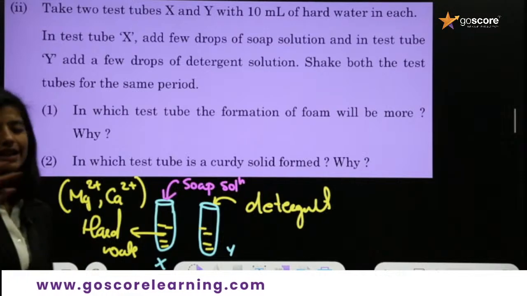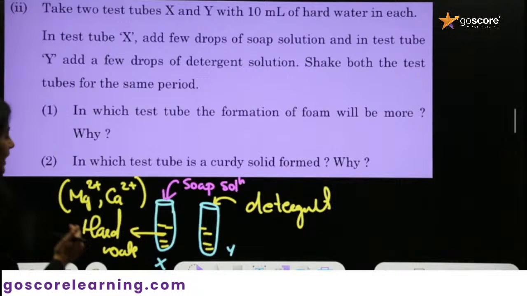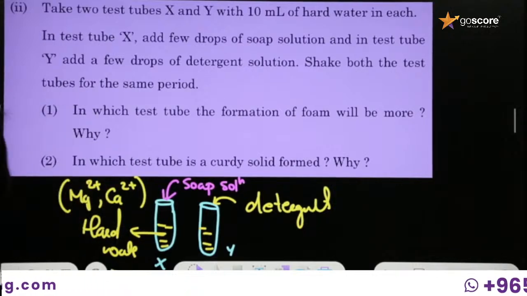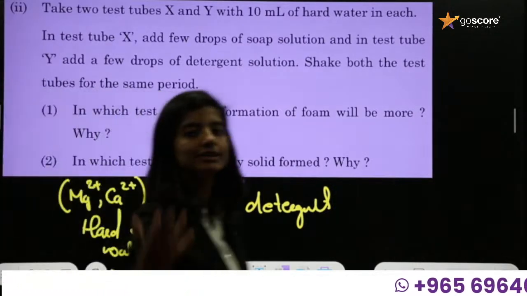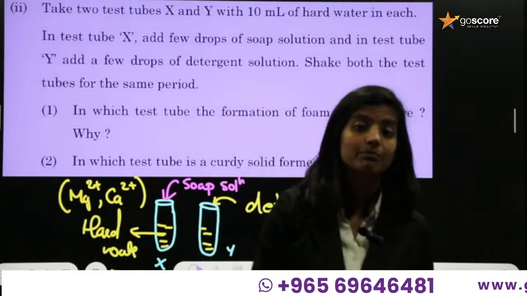So here we have to really understand one thing, that in the hard water, we have Mg2+ and Ca2+ ions. And the soap solution, we know the molecule will be having the Na+ ion.